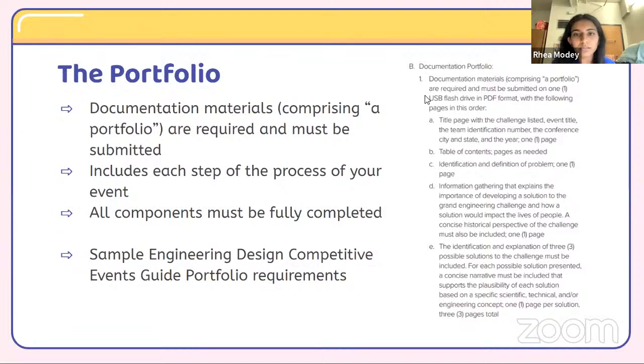As you can see on the right, for events that require portfolio submissions, you'll usually have a title page, table of contents, defining the problem, and background information gathering. I think this one is specifically for engineering design, but each portfolio has different requirements that have points attached to them. So you should strive to submit each part of the portfolio.